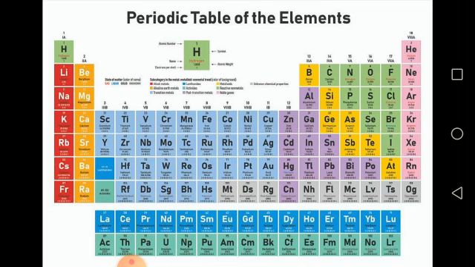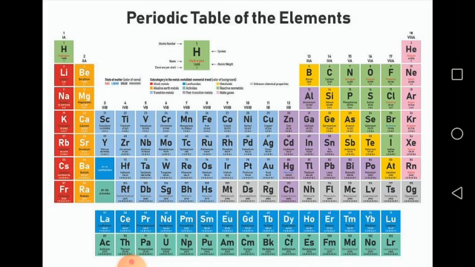Only 92 of them are real elements that can be obtained from the earth's crust, while the rest are artificial elements prepared or synthesized in the lab by scientists. These artificial elements are also radioactive because their nuclei are unstable.